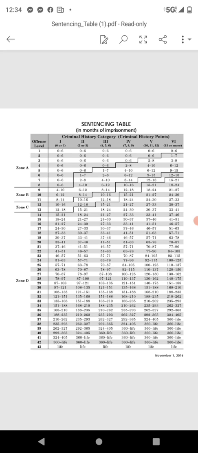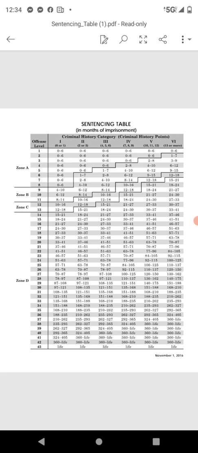Then you calculate what your offense level is, depending on the charges you were charged with. The nature of the crime determines the offense level. Once you get your offense level number, it tells you what zone you're going to be in: zone A, zone B, zone C, or zone D.